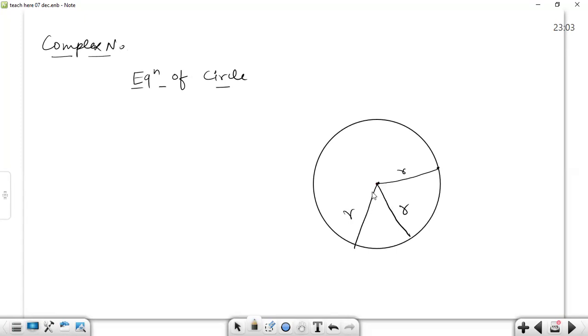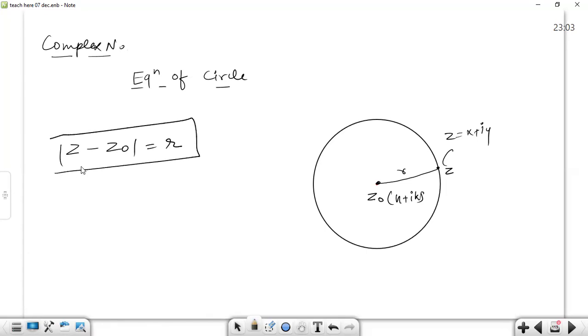So let us say that the complex number of the center is z0 and the complex number here is z. And z = x + iy, where x and y are variables, and z0 is a constant, let's say h + ik. Now we can see the distance between these two is fixed, which is r, the radius.